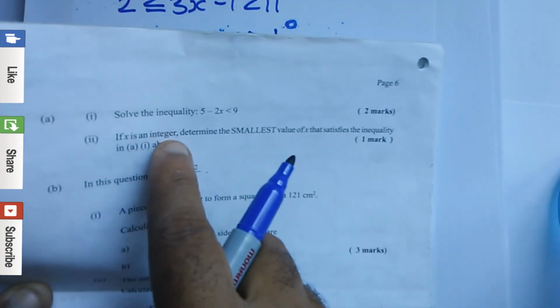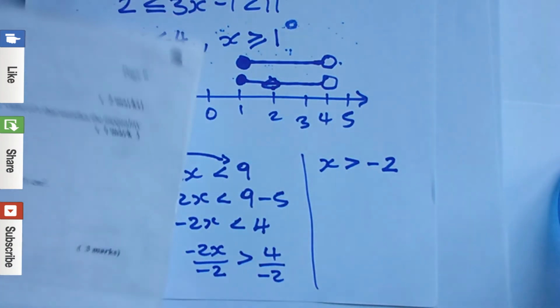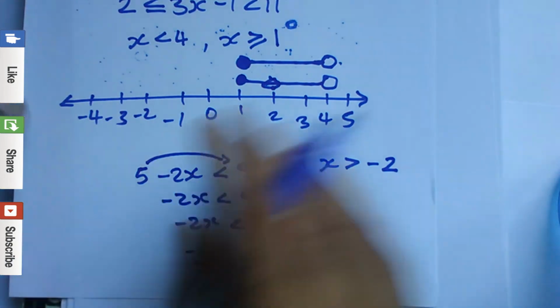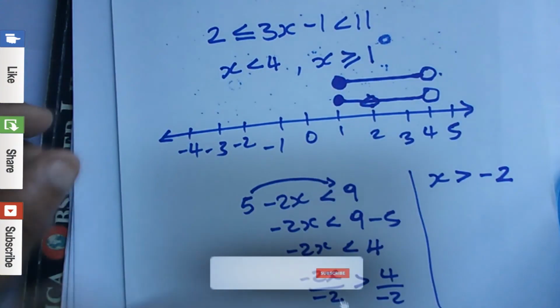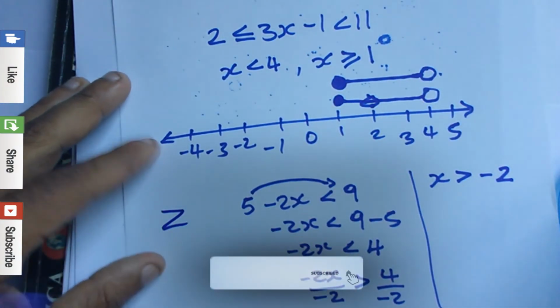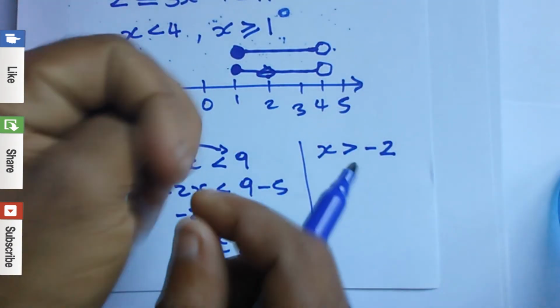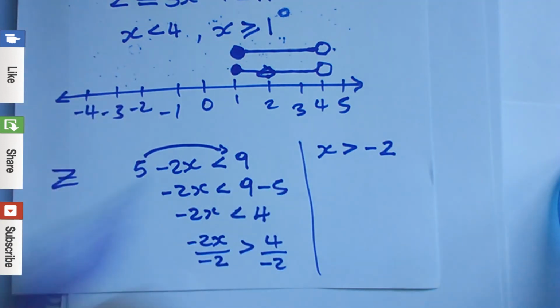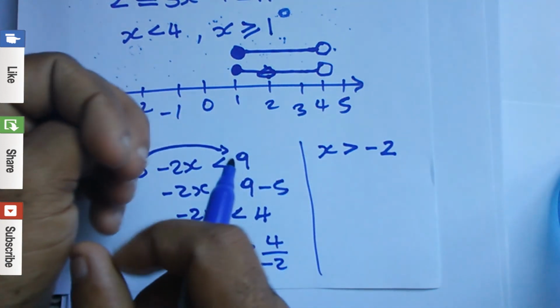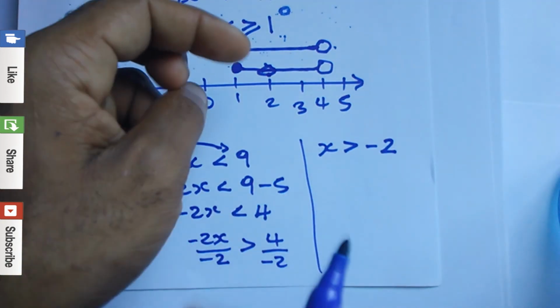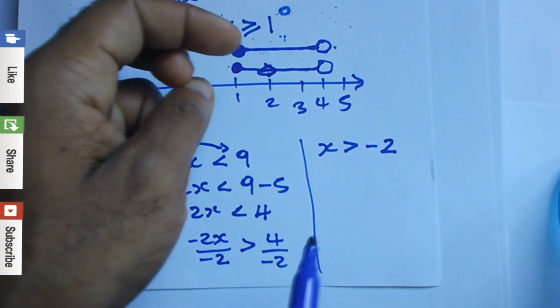What are integers again? You have to remember that integers are positive and negative whole numbers, and they usually use Z to represent integers. So we need to determine the smallest possible integer that satisfies the inequality.